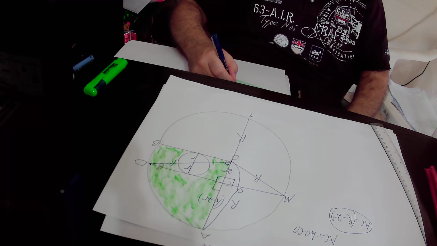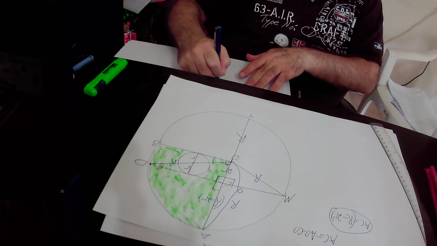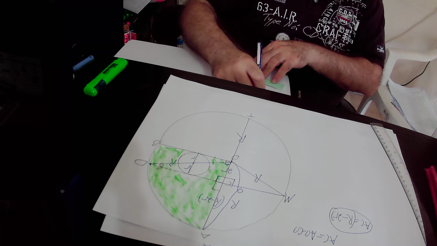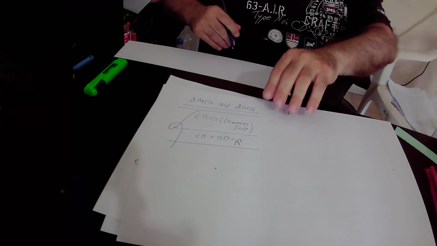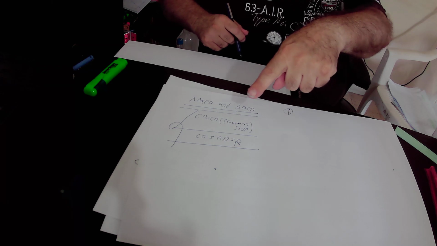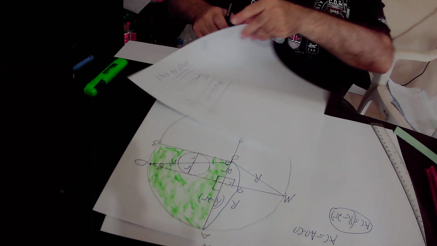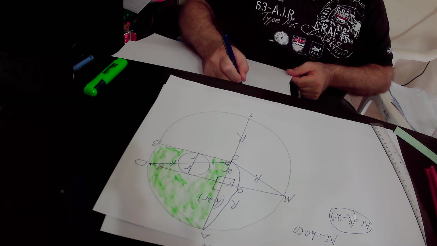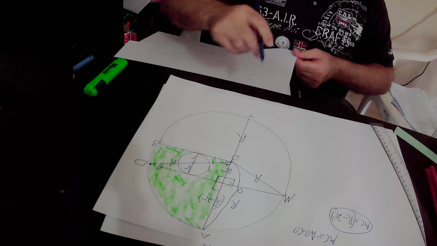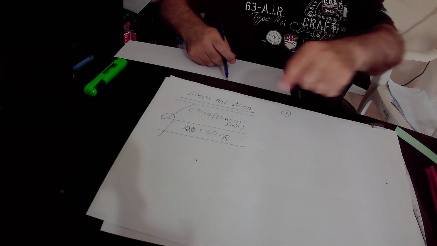They are both the radii of the circle, therefore they are equal to each other. Repeat again. In those two right triangles, CO equals CO is a common side, and side MO equals side OD. MO equals OD, they are both the radii of the circle, therefore they are equal to each other.